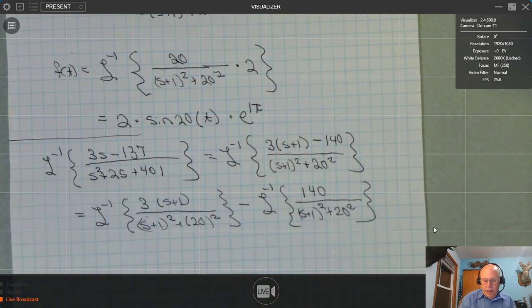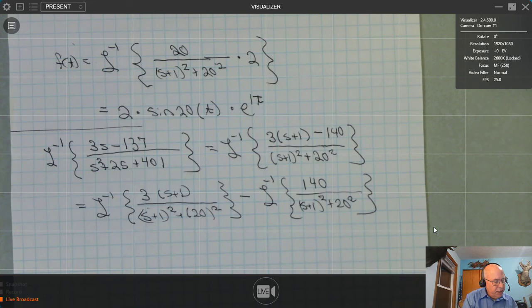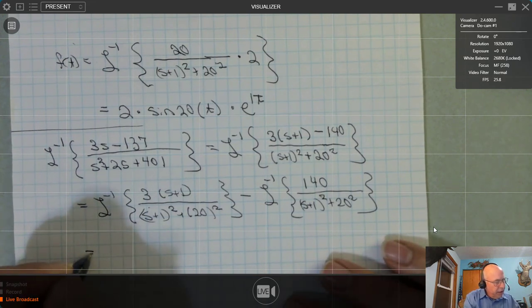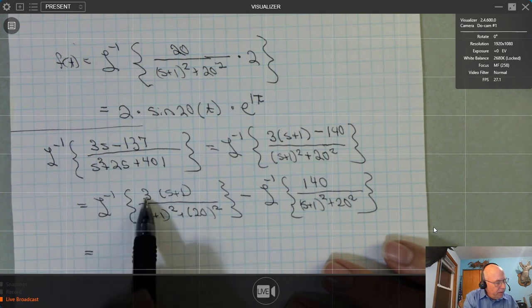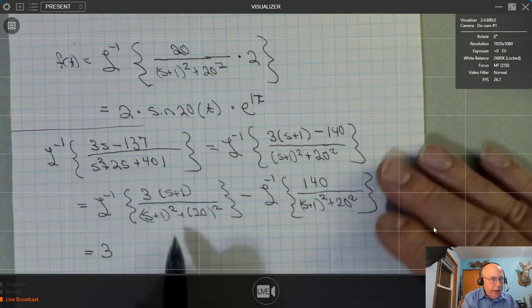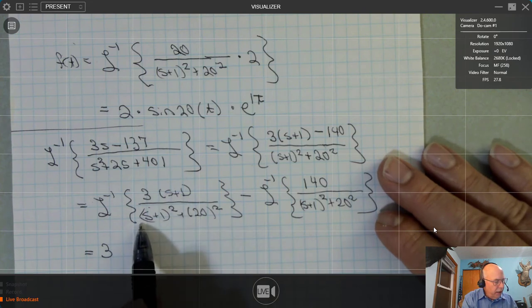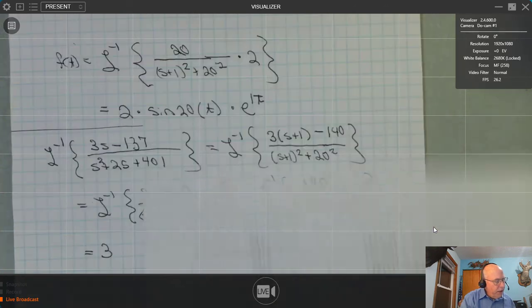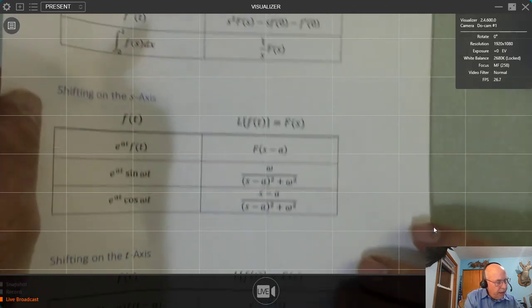Now, this just needs a little bit of touch up here, and the easiest way to do it is probably like this, to say, well, that 3 can come on the outside, and then s plus 1 over s plus 1 squared and 20 squared, we can apply our formula directly to that.